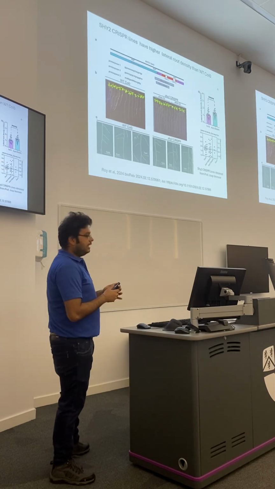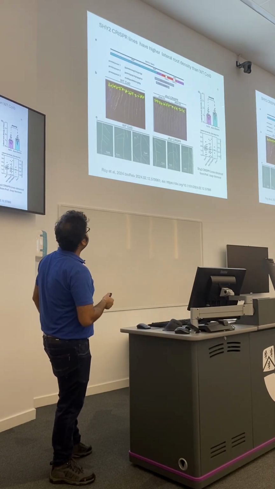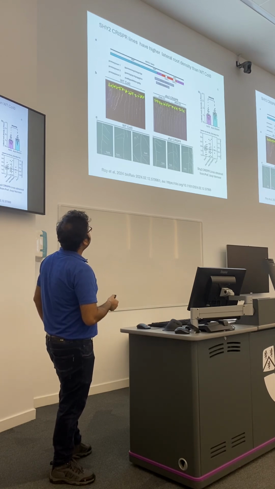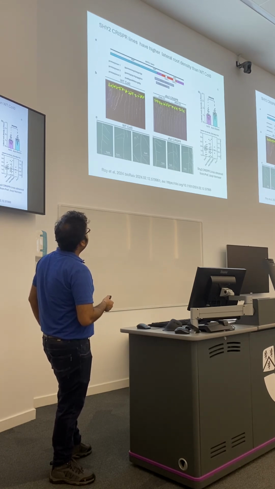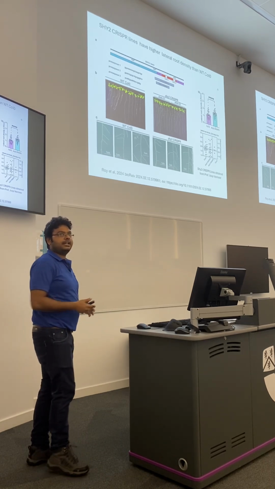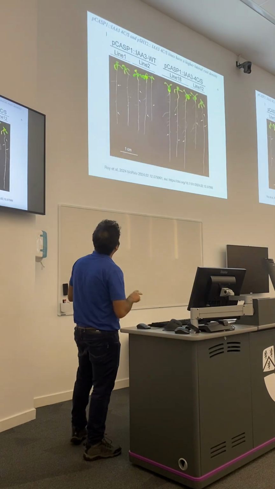So we got a SHY2 knockout mutant line, which was a CRISPR-Cas9 knockout mutant from Dr. Yu Gong's group. And what we saw is that the SHY2 CRISPR has a lateral root phenotype. It forms many more lateral roots because there is no SHY2 to repress lateral root development.